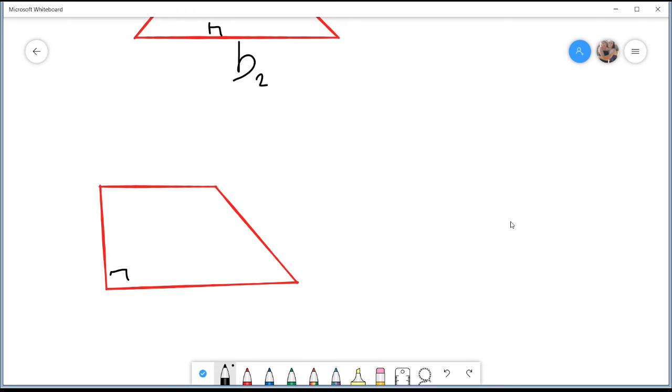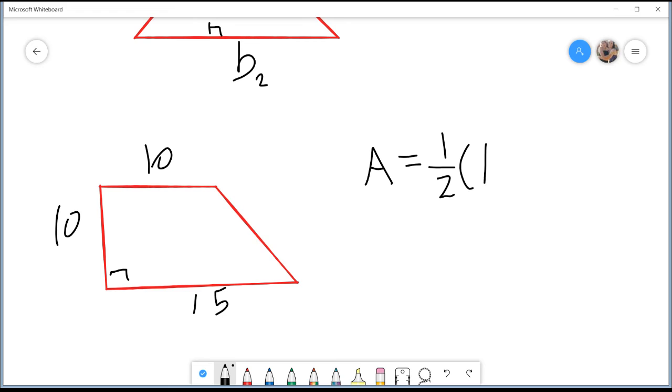That means that whatever length this ends up being, that's going to be our height. I'm going to give it a height of 10. I'll say this base is also 10. This base will be 15. And that's all we need to solve for the area. You'll be given the dimensions that you need when you are trying to solve.